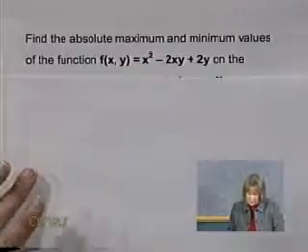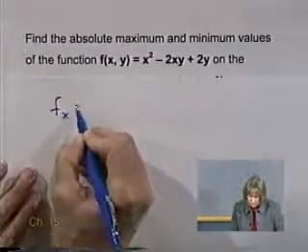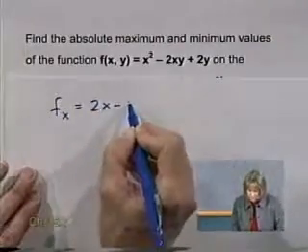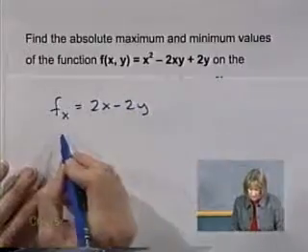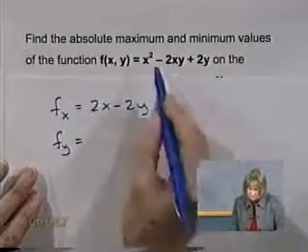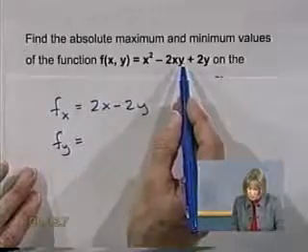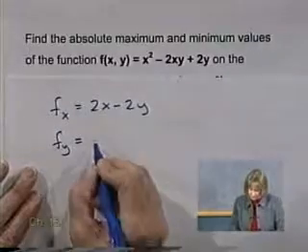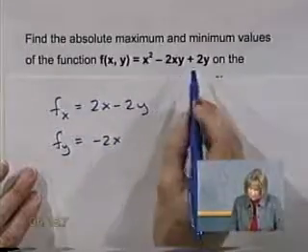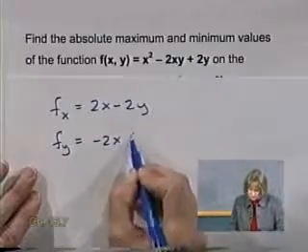Taking those and setting them equal to 0, let's see what we got. fx is pretty easy. The partial of f with respect to x is 2x minus 2y. The partial with respect to y is minus 2x plus 2.